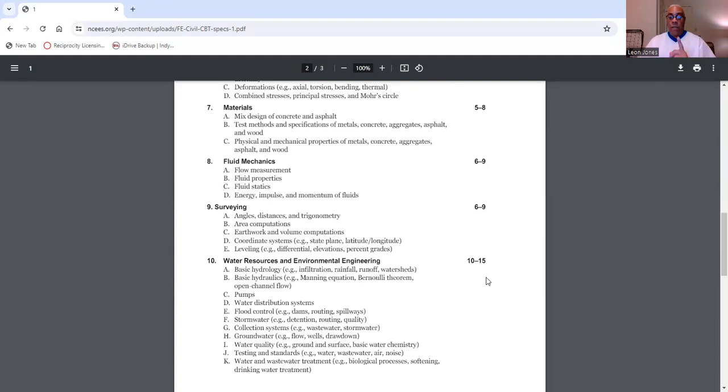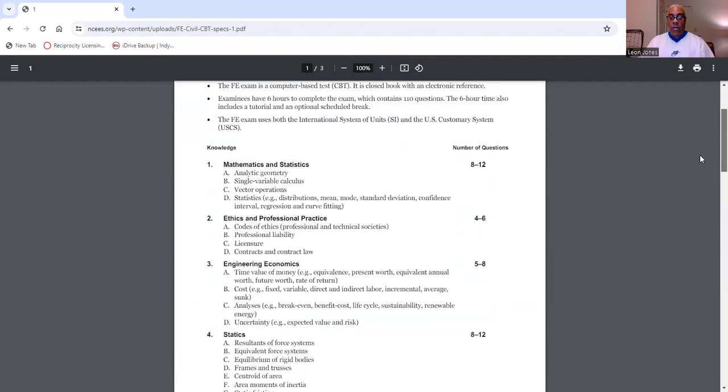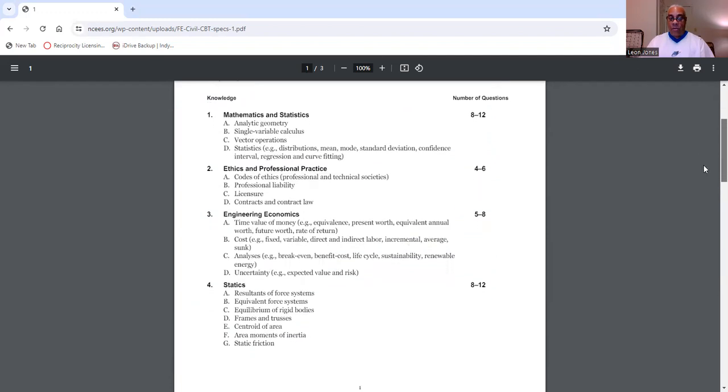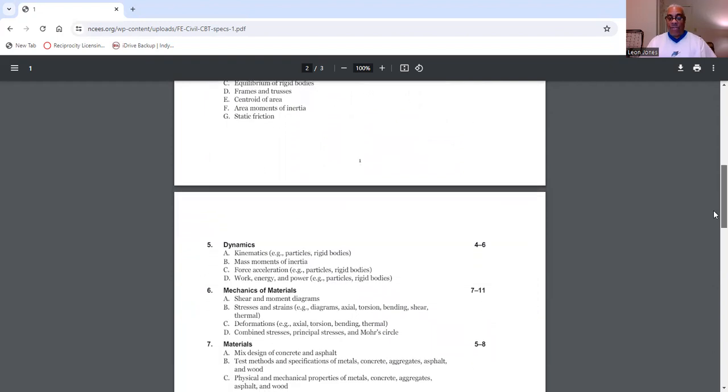And it's funny because with water resources and environmental engineering, there are a heck of a lot of problems that you need to know. Now, going back, your math, your ethics, your engineering economics, your statics, dynamics, that's what I call your general information.